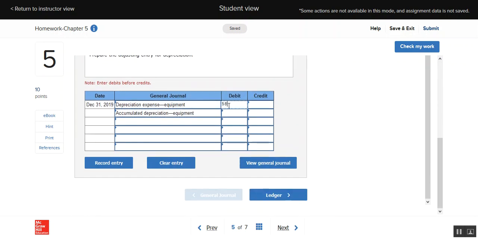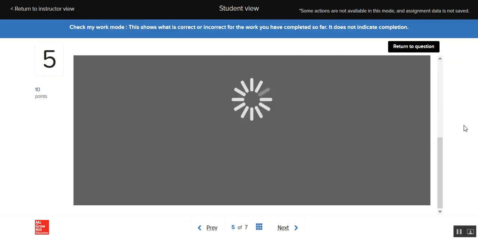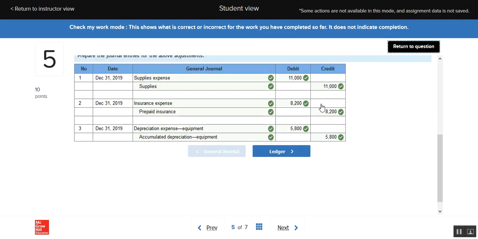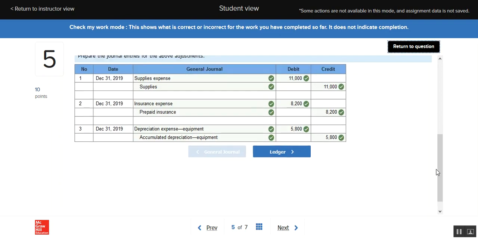So we're going to record our depreciation as an expense, and the credit goes in accumulated depreciation, which is a contra asset account. So when you're finished with that, those 3 adjusting entries should look something like this. Your amounts are going to be different, but the pattern of account names used should be the same.